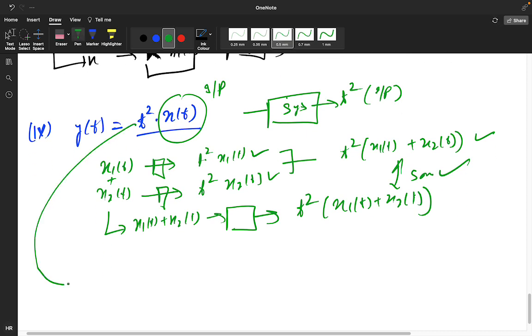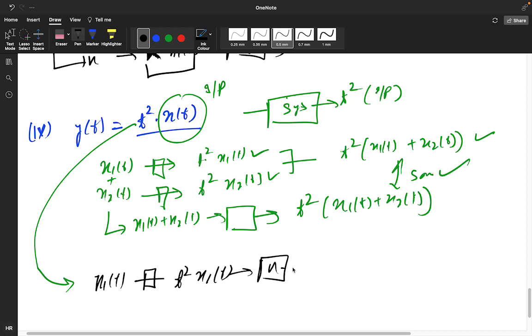And now check for homogeneity. So you will get output t square x1 of t, right? This is your system. Then you will scale with k, so k t square x1 of t.